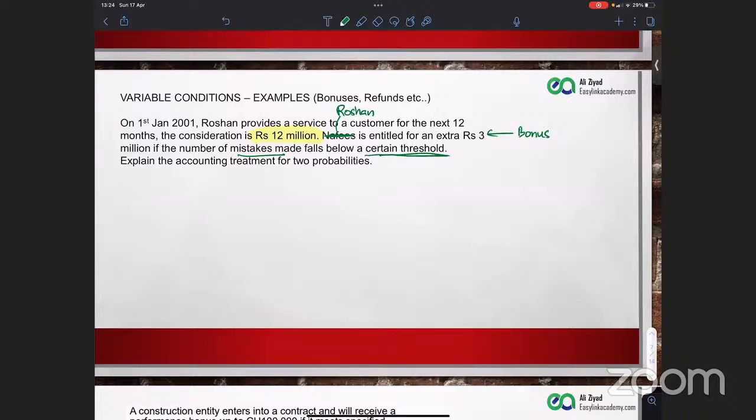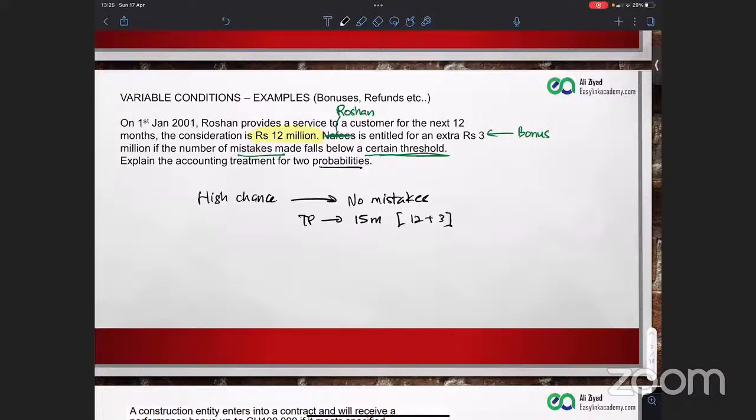So in this case, how will the accounting treatment go? Just giving you an idea, guys. If there is a high probability that Roshan will not make any mistakes, then you must take the transaction price as 15 million, which is 12 plus the bonus 3.